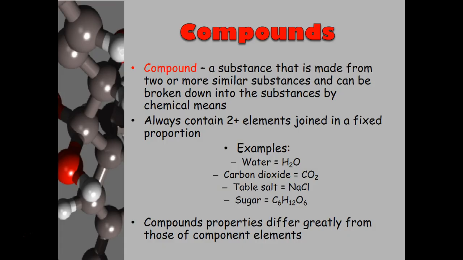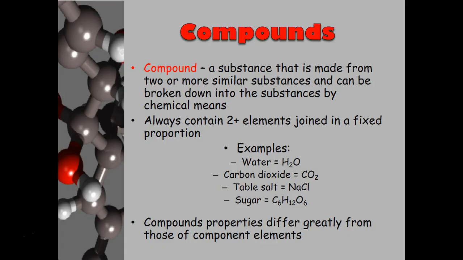So let's go back to water as an example. If I take elemental hydrogen or elemental oxygen, both of those are gases, naturally. They're also very flammable, and yet I put them together, I now have a liquid, and we use it to put out flames. Same thing with sodium chloride, NaCl.